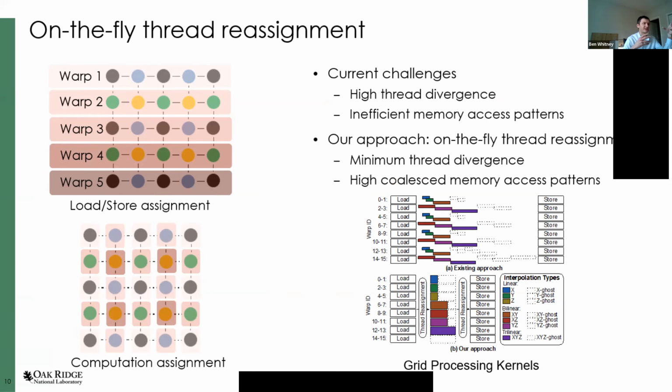You don't have any branching. And then after all the interpolation is done, he again reassigns all the threads so that the organization is optimized for the storing. So here, this is the result of the difference you can see between the top subpanel and the bottom one. Here, there's no branching.